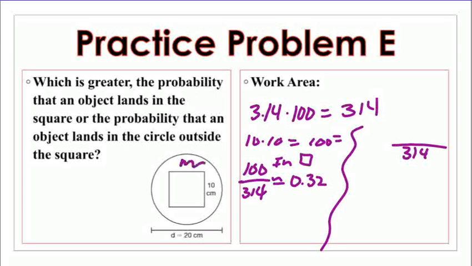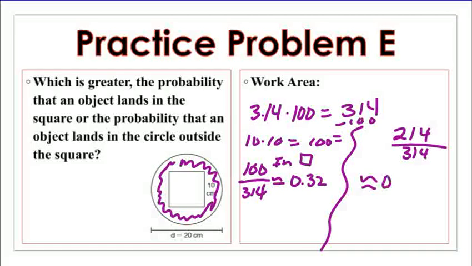But we want to find out the probability of landing right out here. So I need to subtract the area of the square from the area of the circle. So if I subtract 100, that gives me 214. And then I take 214 divided by 314. That gives me a probability of 0.68.